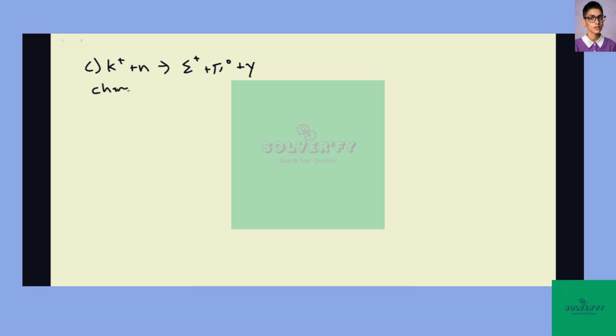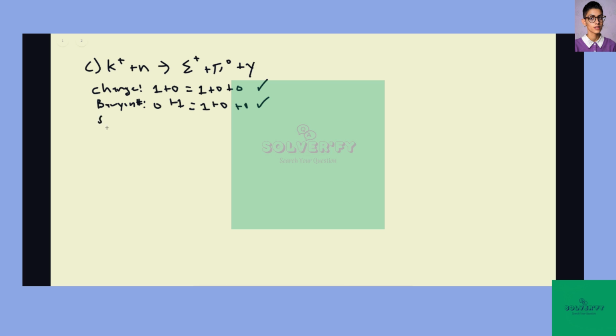Charge: we have 1 plus 0 is equal to 1 plus 0 plus 0, so that's conserved. Baryon number is 0 for the kaon plus 1 for the neutron is equal to 1 for the sigma plus 0 for the pion and 0 for the photon, so that's conserved.